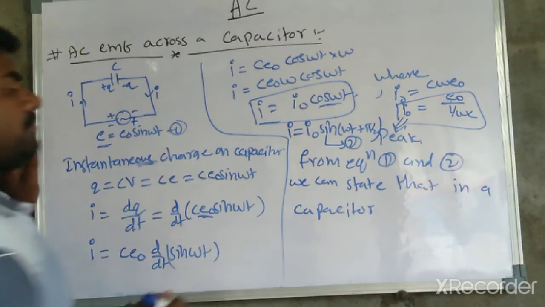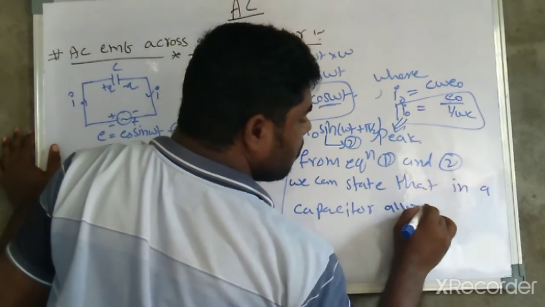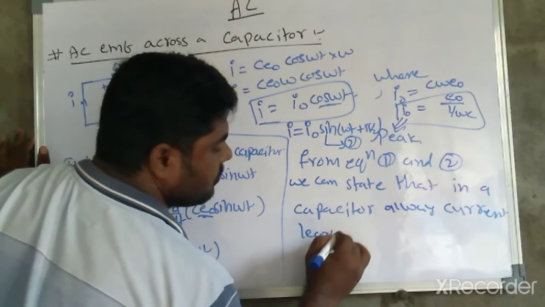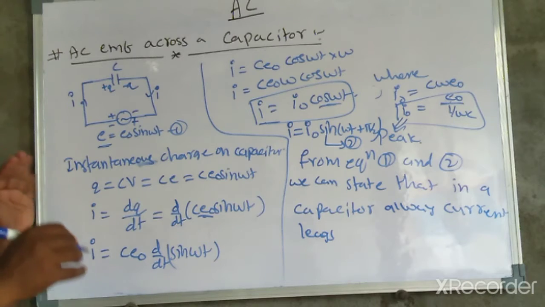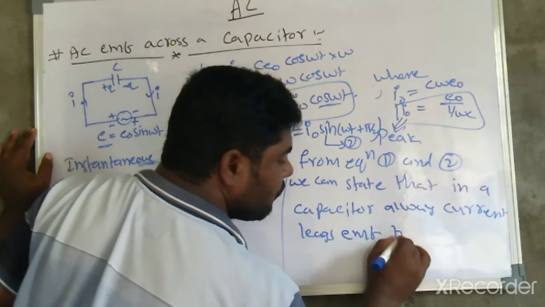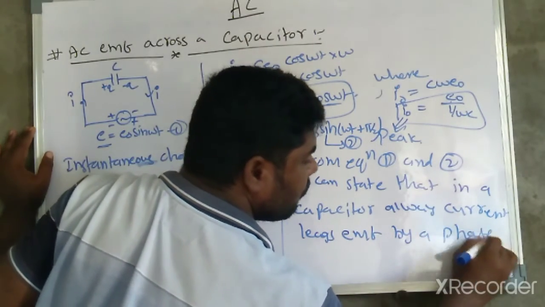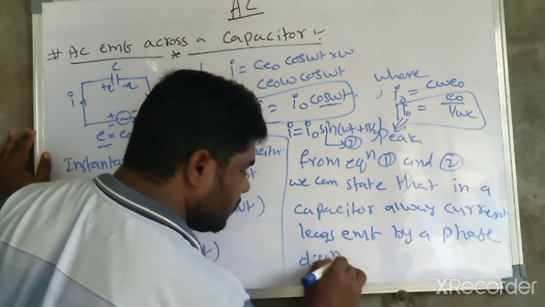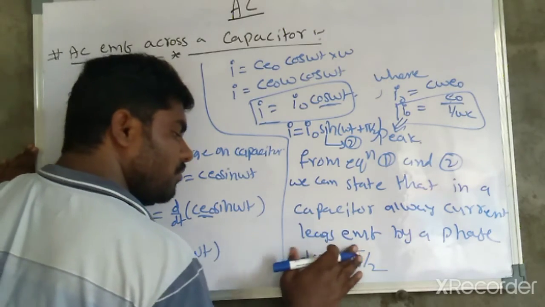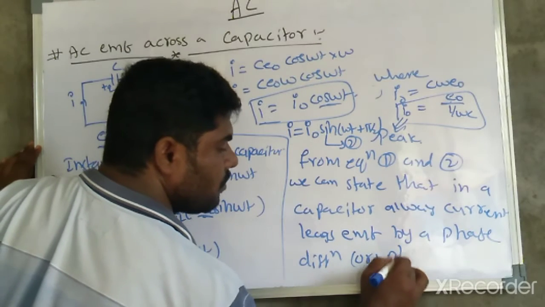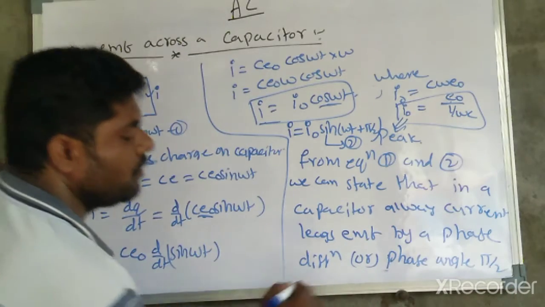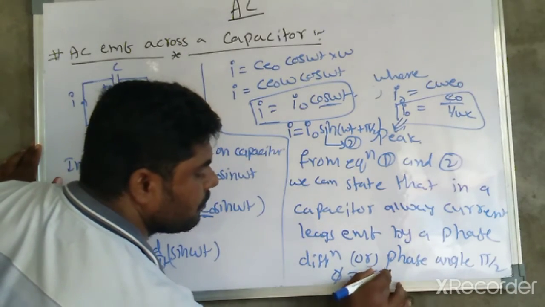So here the current leads the EMF by a phase angle of 90 degrees, a phase difference of pi by 2. The phase angle is pi by 2.